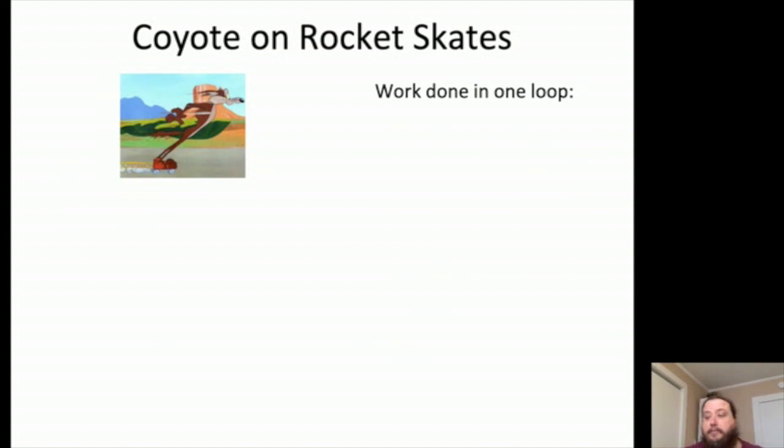Here's another example of a non-conservative force. The Coyote here has roller skates, and the roller skates have rockets on them.